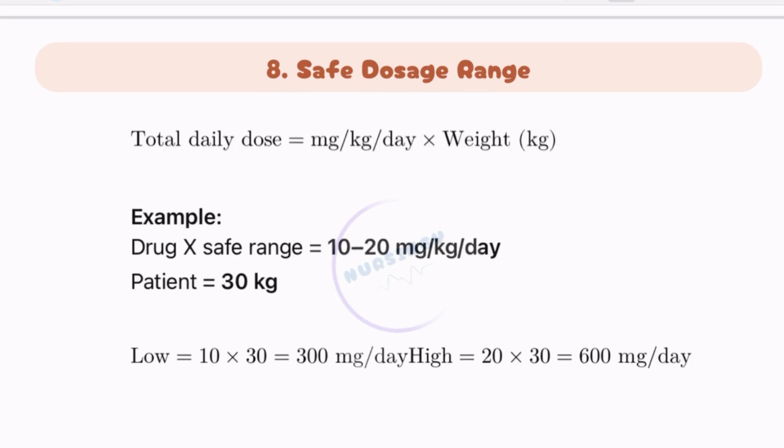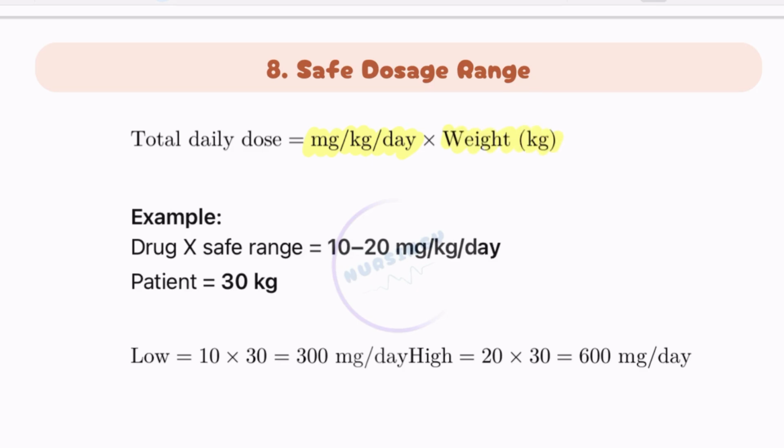Let's move to the next one, safe dosage range. This is very important when we need to find out how much medicine we can give to a patient. We need to find out how much total medication we can give the patient in a day. To do that you need mg per kg per day, and then the patient weight.